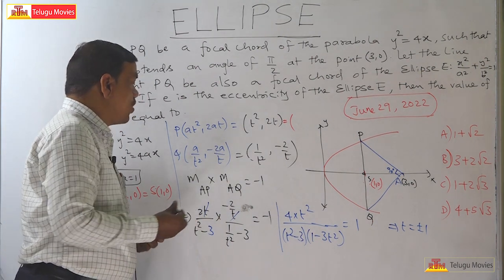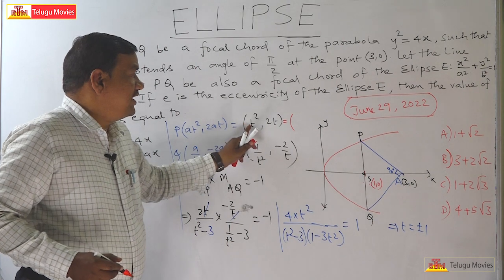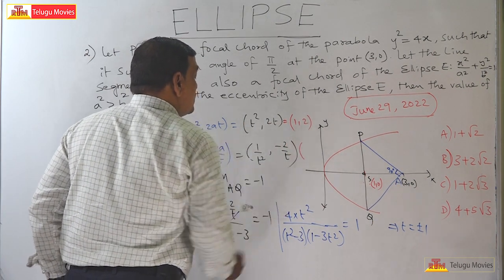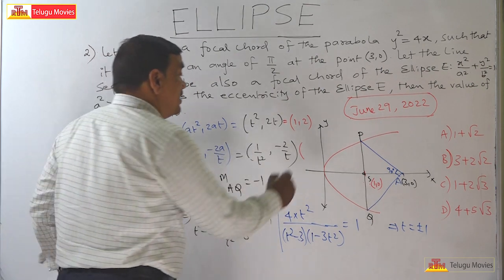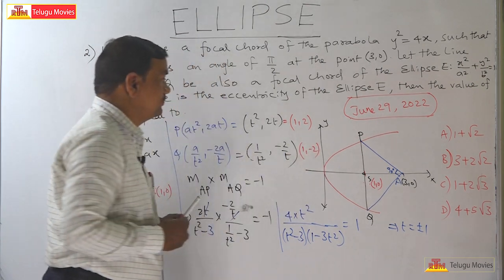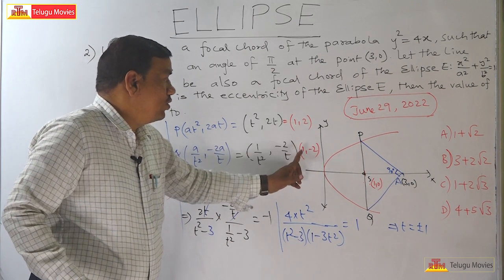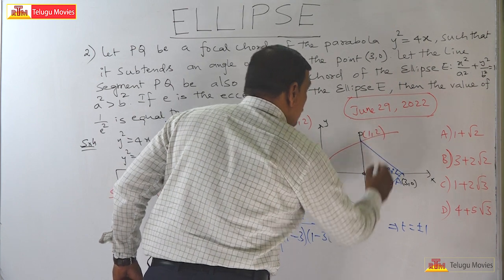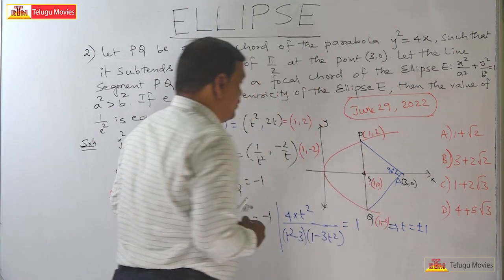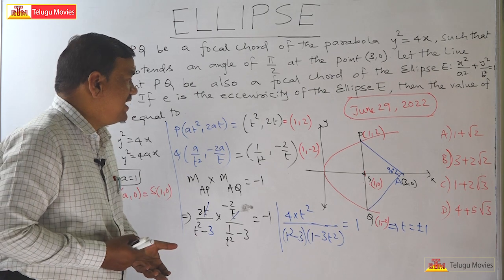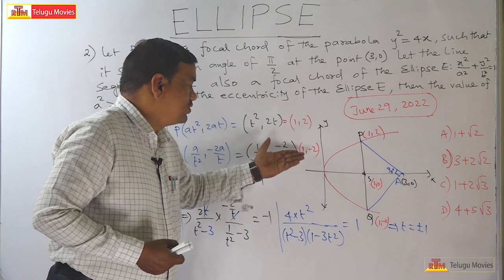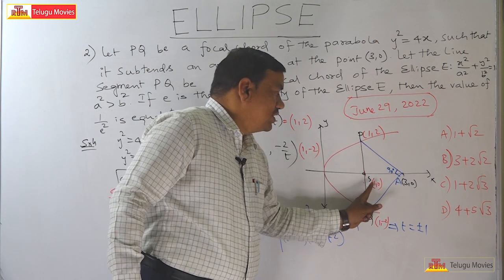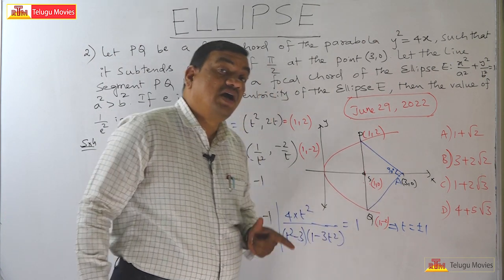So the coordinate of P is t², that is (1, 2), and the coordinate of Q is 1/1², that is (1, -2). If you take t equal to -1, you will get (1, -2) and (1, 2), nothing wrong in it. Observe here, this is (1, 2), this is (1, 0), (1, -2).